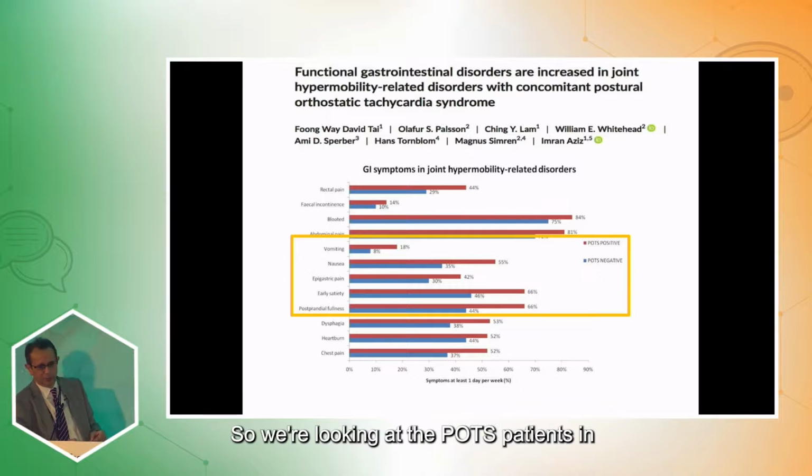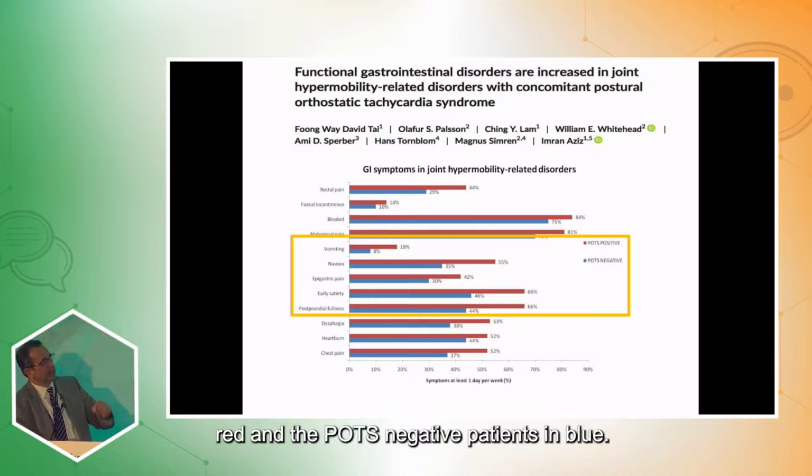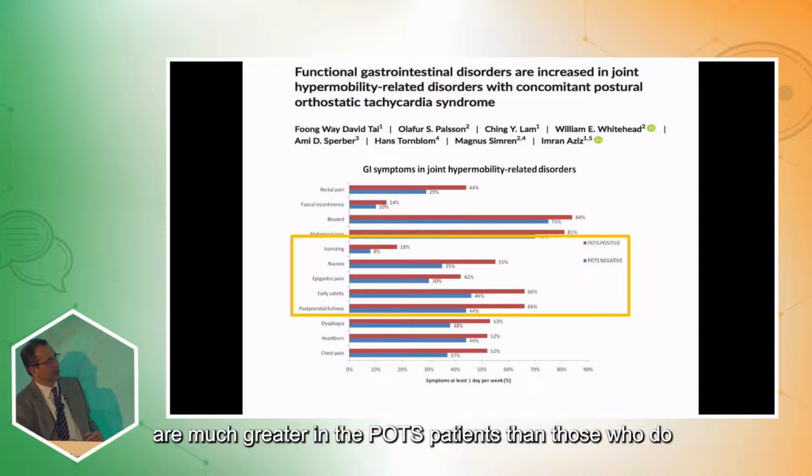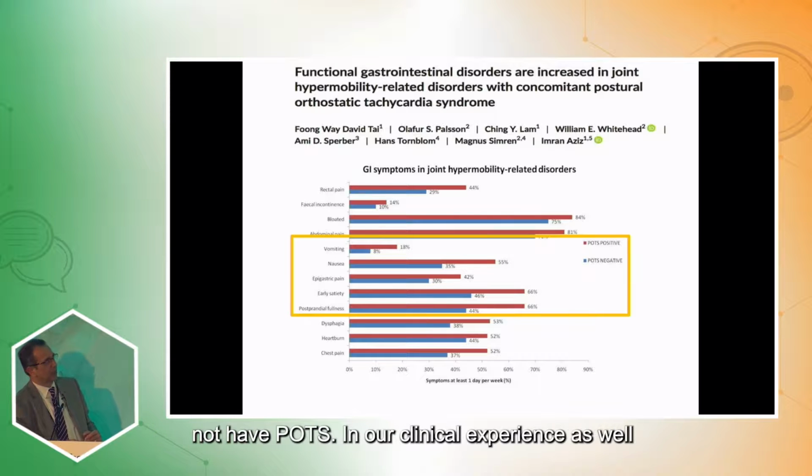So we're looking at the POTS patients in red and the POTS negative patients in blue, and you can see all the bars for all the symptoms are much greater in the POTS patients than those who do not have POTS.